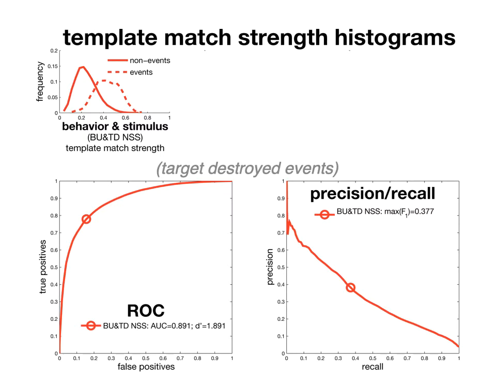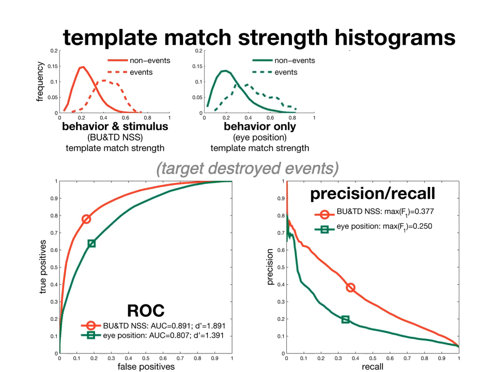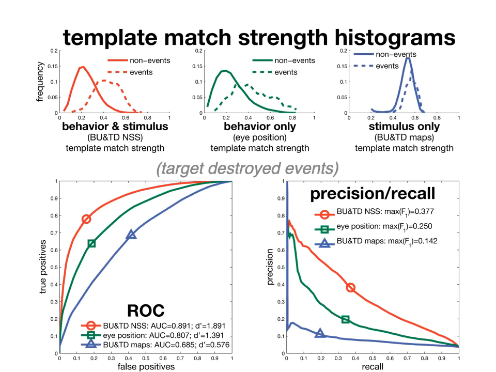Okay, and here you can see the performance, which is pretty good if we use both the behavior and the stimulus. We get slightly worse performance if we only use the eye movements, so not analyzing the video at all, but just building a classifier based on the pattern of eye movements that people are making. And likewise, we get worse performance if we only use the stimulus alone and don't use the eye movements.